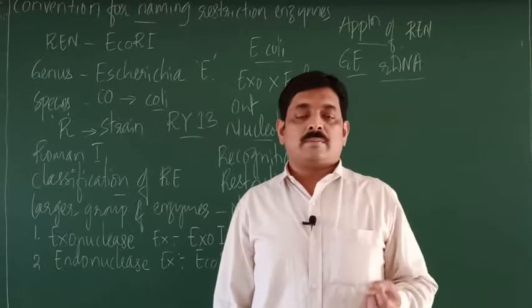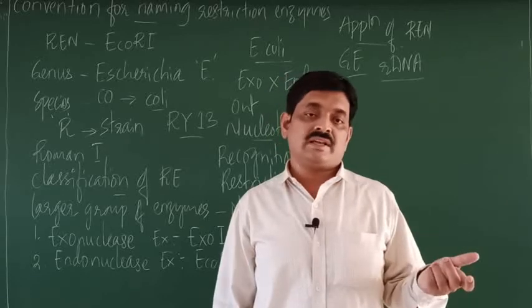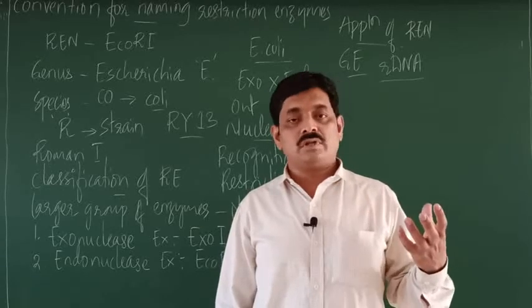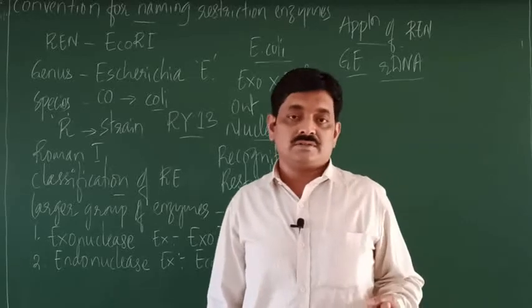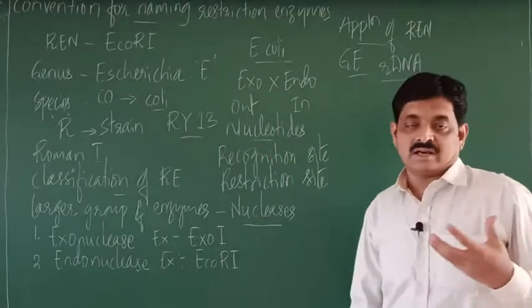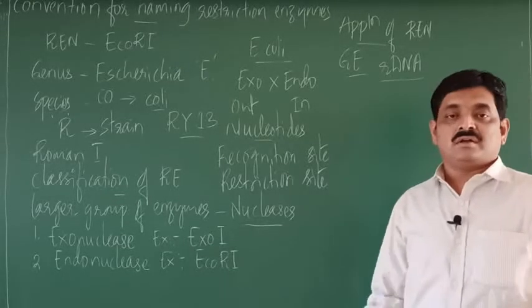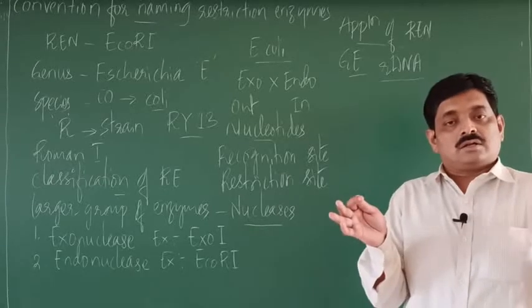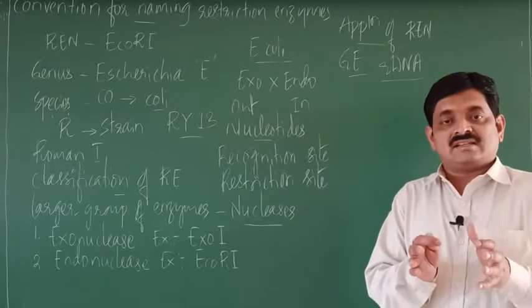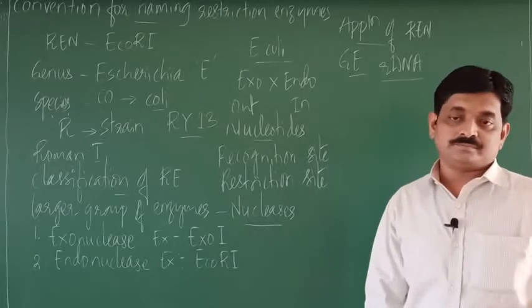So this is the application of restriction endonuclease. It is useful in genetic engineering for the construction of recombinant DNA, where REN is used to cut the plasmid and desired gene, and both are linked by ligase to produce recombinant DNA.